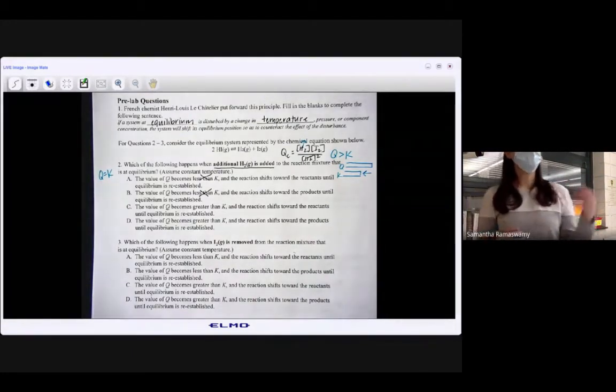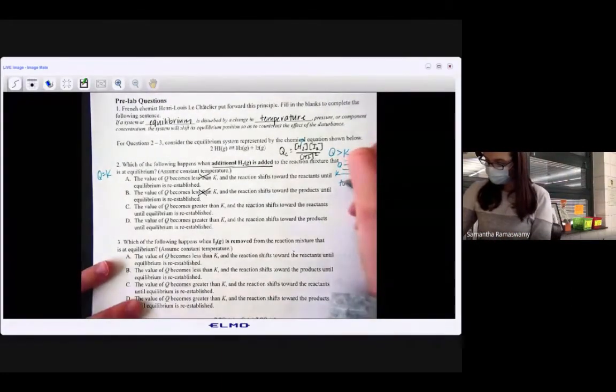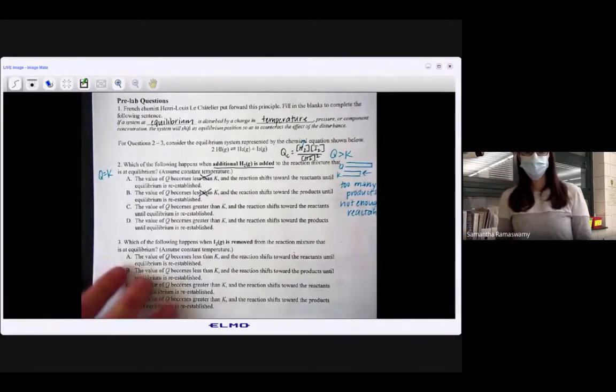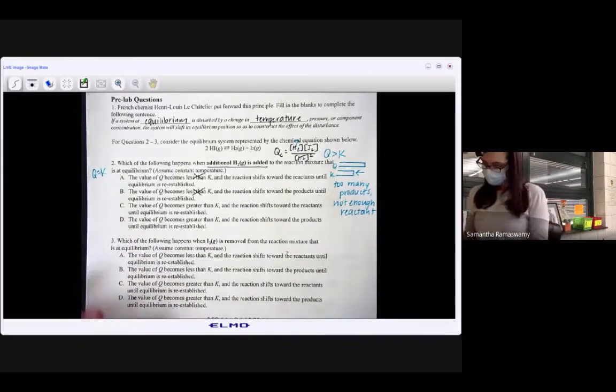You can also think about it using Le Chatelier's principle. Adding more H2 means too many products, not enough reactant. So it needs to shift in a way to get back to equilibrium. Too many products, not enough reactants means we need to make more reactants.